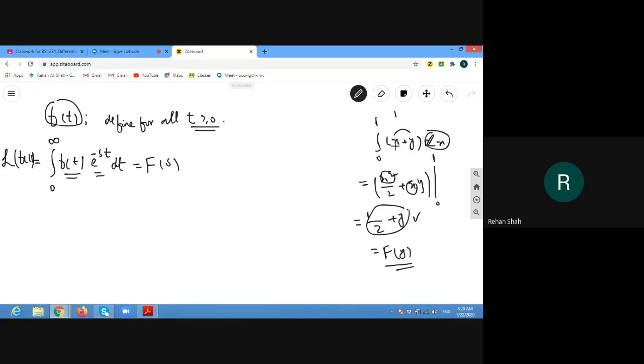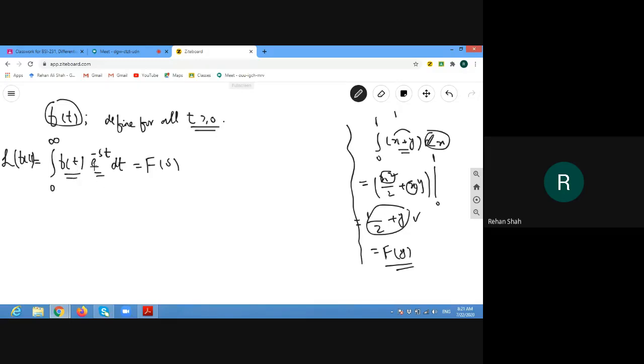If you are integrating a function which is dependent on two variables with respect to one variable, that variable will disappear and the function as a result will become a function of the other variable. Is this understood? Yes, sir. Okay.